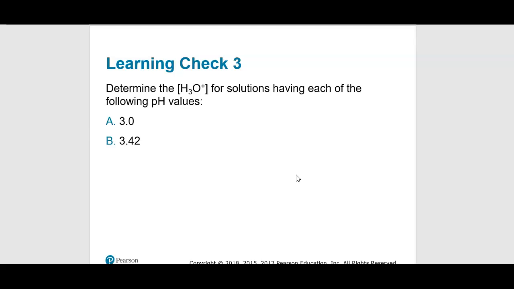Well, I forgot to change the sign of the 3. So let's do that again. Now it's 1,000. Okay, so 1 times 10 to the minus 3.